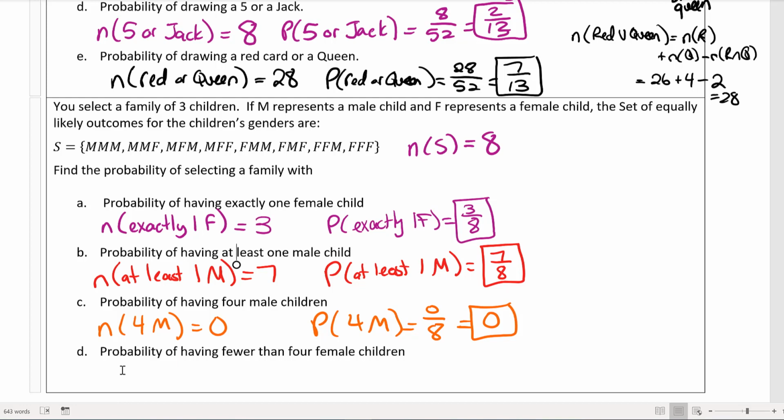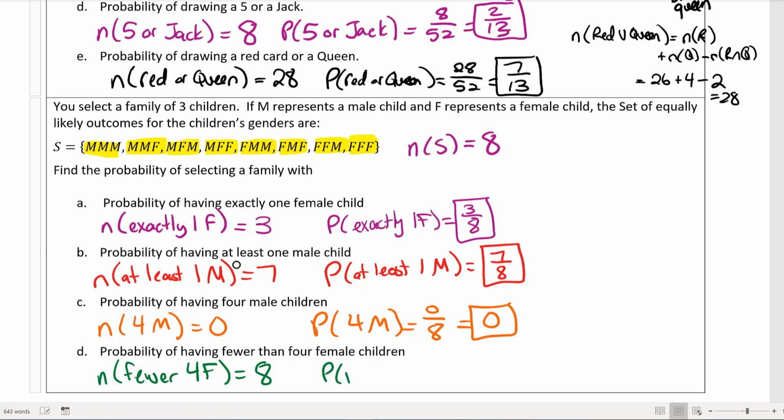The probability of having fewer than 4 female children. Well, this one has fewer than 4, this one has fewer than 4. In fact, every single one of them has fewer than 4 females because we only have 3 children again. So the number of fewer than 4 females is 8.